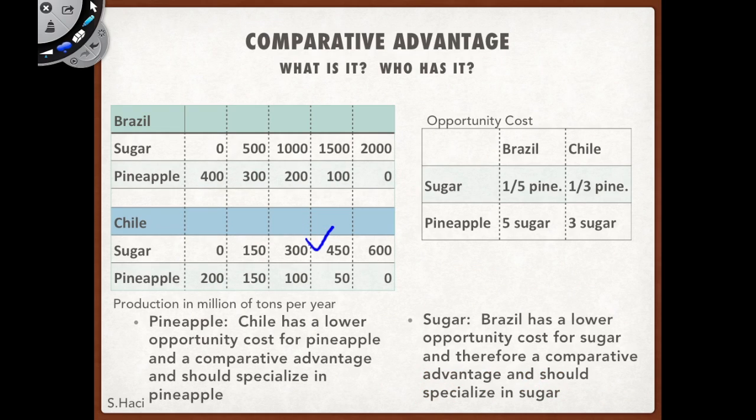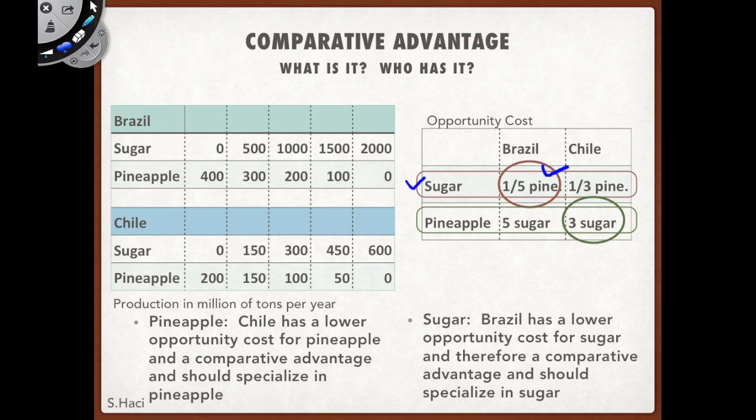So if we summarize here, it would seem that Brazil is better at producing sugar. And you see for sugar, when you compare the opportunity cost of the two countries, Brazil has the lower one. When you look at pineapple and you compare the opportunity cost, you see this time that Chile has the lower opportunity cost for pineapple.